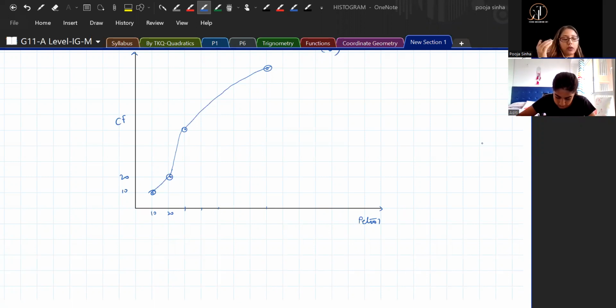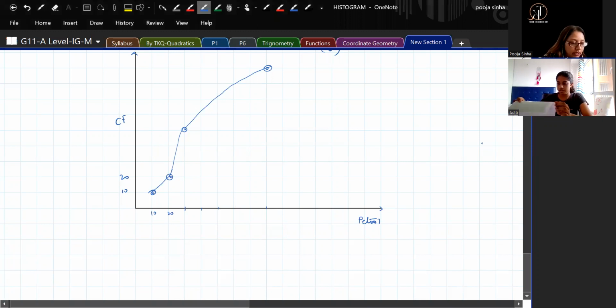Okay, so now we have learned how to make the curve. You have a table given to you, and from that table you will calculate the cumulative frequency, and then you put the cumulative frequency in the graph.